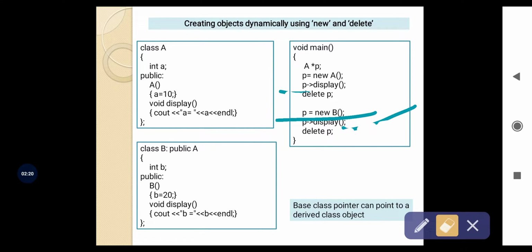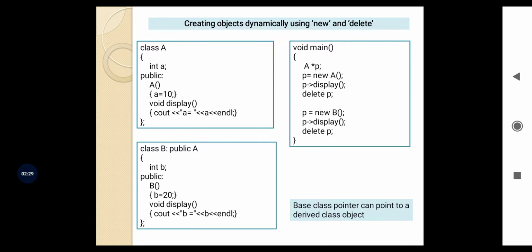Now, what exactly happens here? You'll notice that according to the properties that we had discussed, it's always the display of the base class which is going to be called. So you get A is equal to 10 and again A is equal to 10 printed.